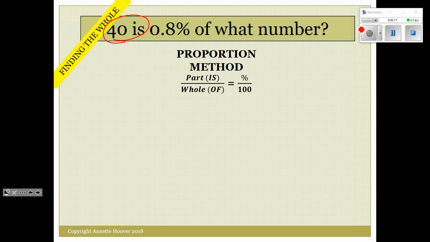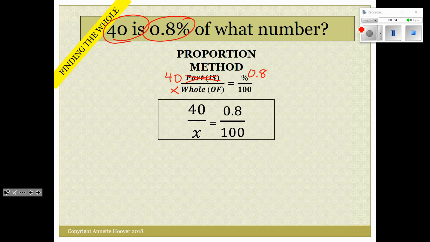40 is, this time we're given the is, so here on the top we're going to put 40. 0.8%, so we're given the percent, and it is 0.8% of what number? So the of is what is missing this time. So if you look to see how we set it up there, we had 40 over x, and we had 0.8 over 100. Again, butterfly wings. So on one side we have 40 times 100.